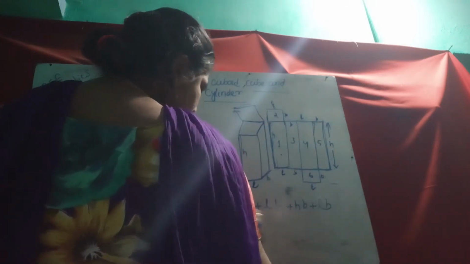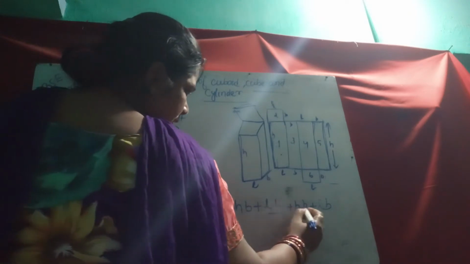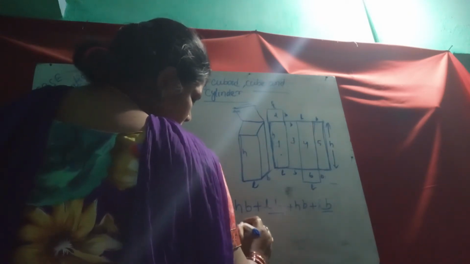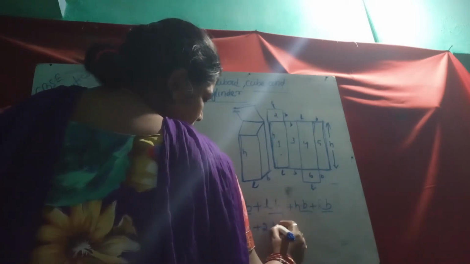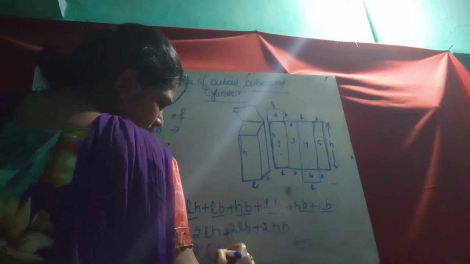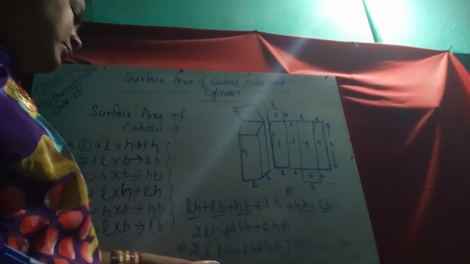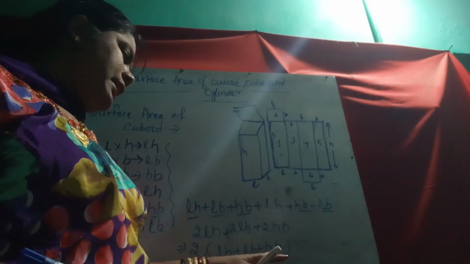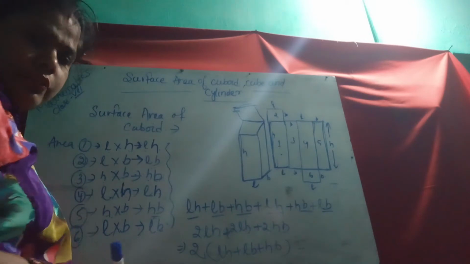So that is 2LH plus 2LB plus 2HB. If we take the common 2, then it is 2 into LH plus LB plus HB. That means 2 into length into height, length into breadth, breadth into height. So this is the formula.